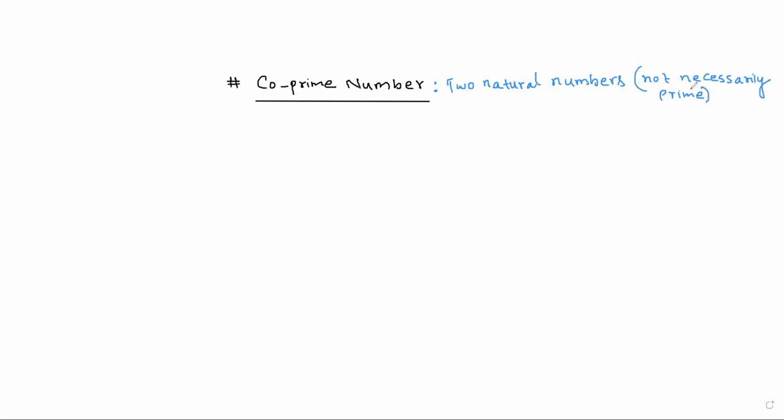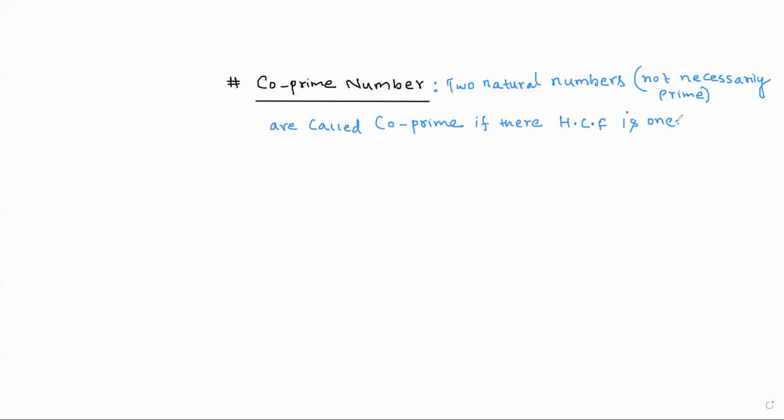Two natural numbers, not necessarily prime, are called co-prime if their HCF is 1. Okay. So that is a very basic and elementary condition.